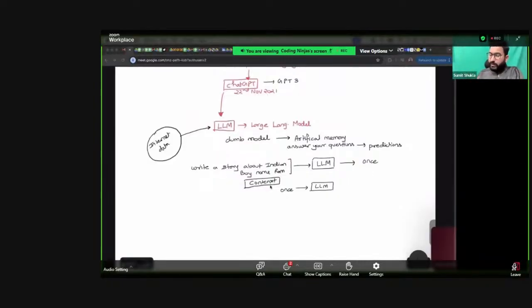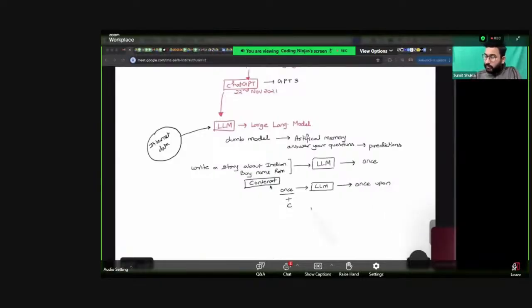So if I say write a story about an Indian boy Ram, the LLM will predict the first word, which is also known as a token. It will take the first word and the context, and generate the next word, which will be once upon.